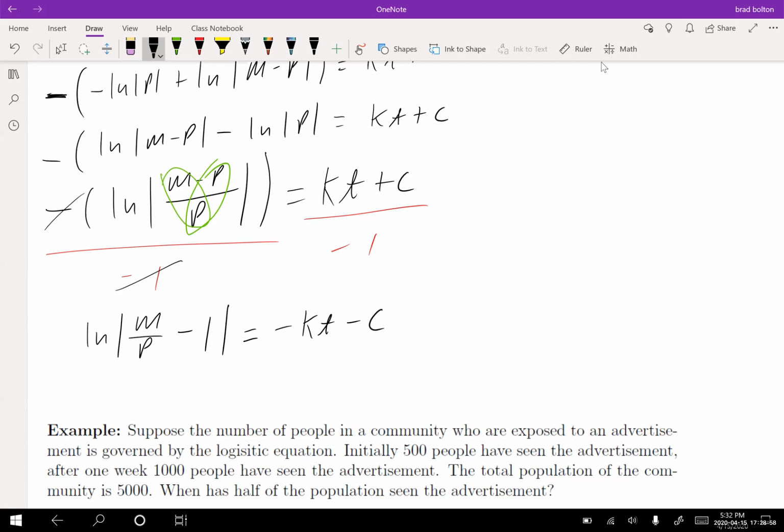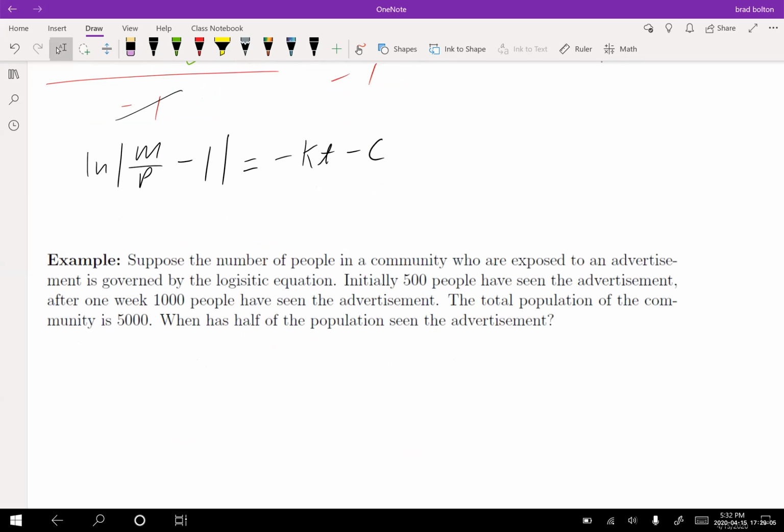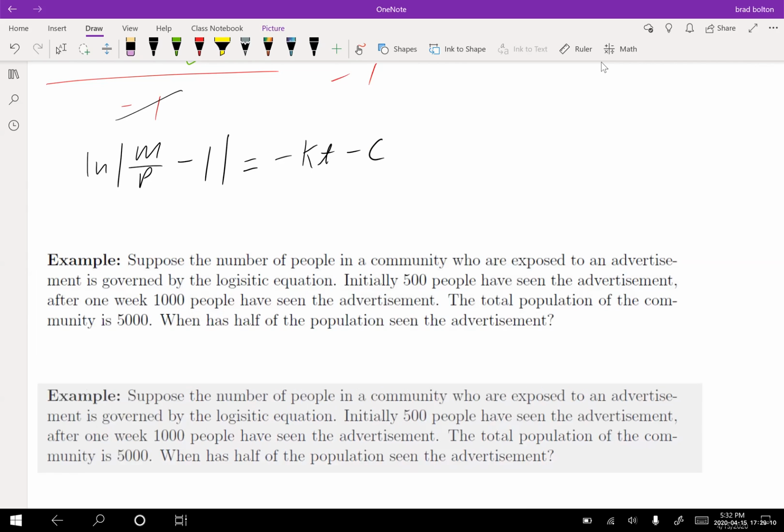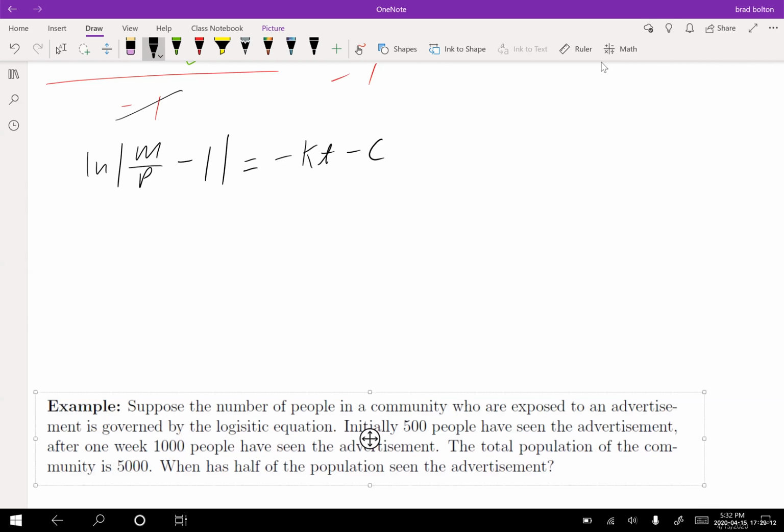Okay. Now we can exponentiate everything, or we can rewrite it. Let me move this down a little bit. I think we need about that much more room. So now we can rewrite this, and this is going to become M over P minus 1 equals E to the negative KT minus C. Okay, but remember, we're going to use a similar trick.